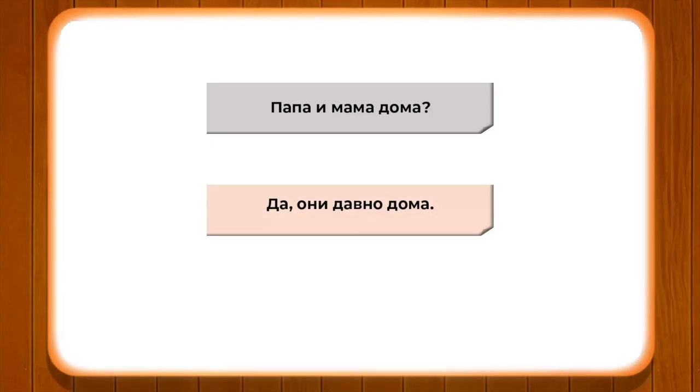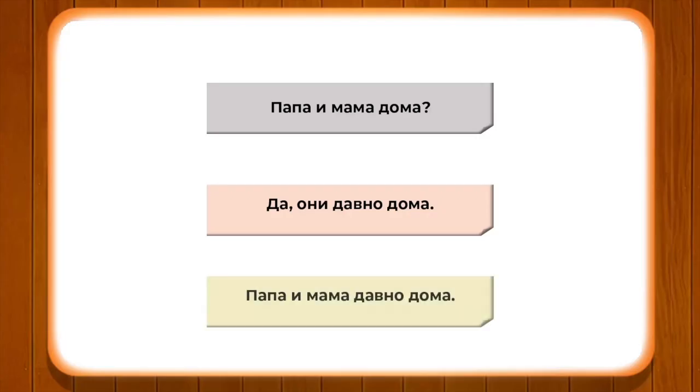So, after "da", I am having a pause, and in place of papa mama, we are together using ani, which means they, for papa mama. Okay. Now, the last one, papa mama davno doma. It is a very simple statement, simple sentence, that is why the sound is flat.